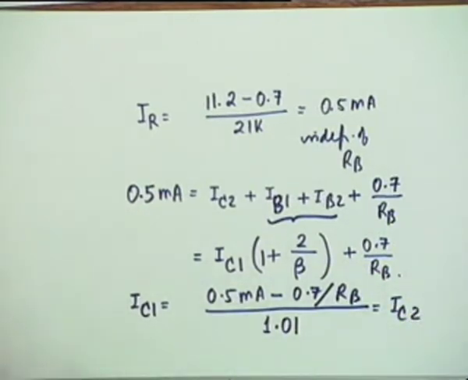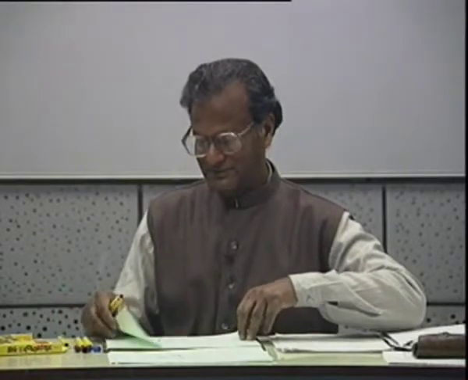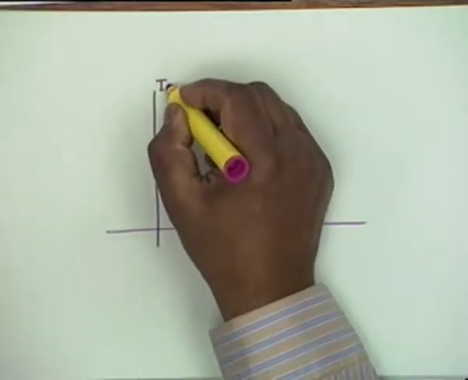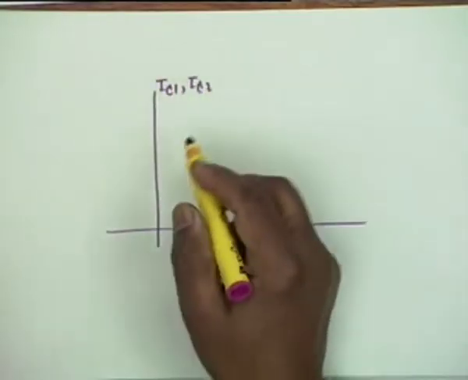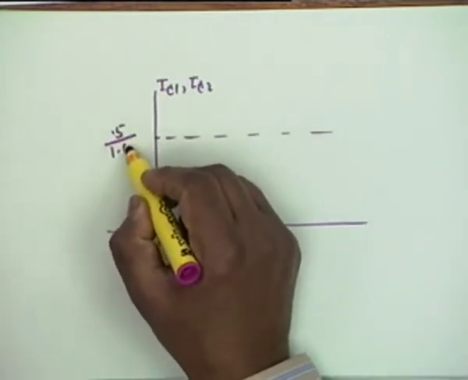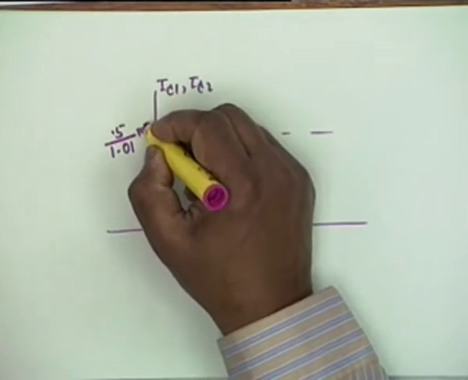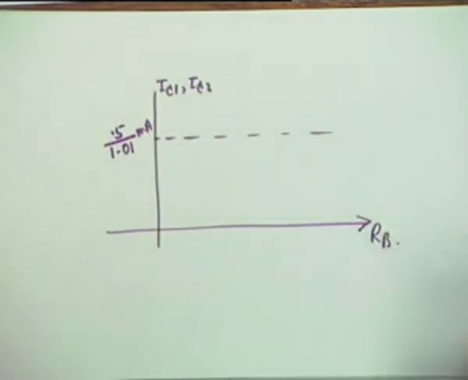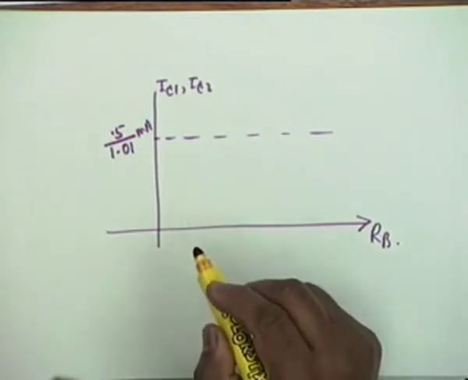Obviously this sketch would be, where would it start from? If I plot IC1 and IC2, the maximum value obviously is 0.5 divided by 1.01 milliampere. This occurs when RB is infinity. Can we start from RB equal to 0?